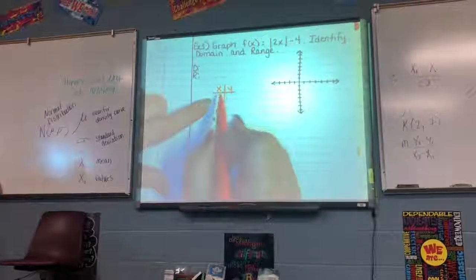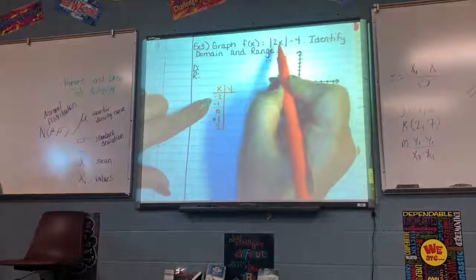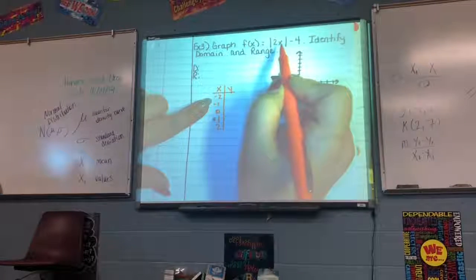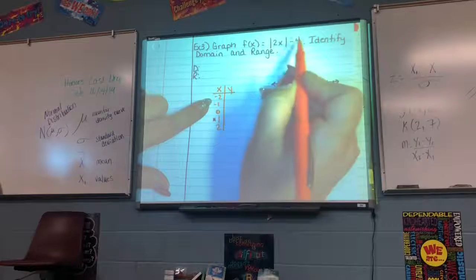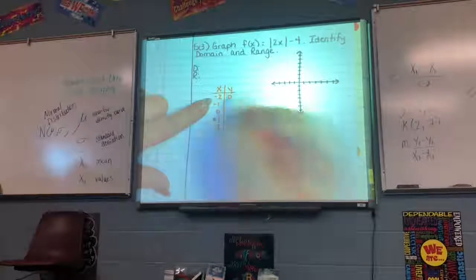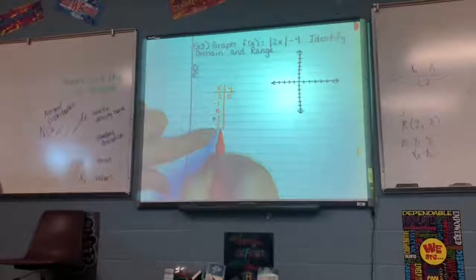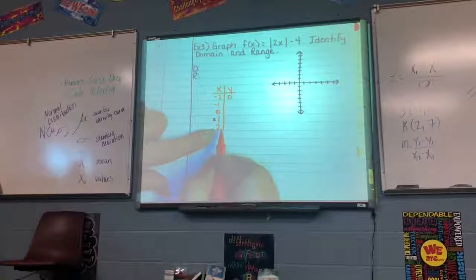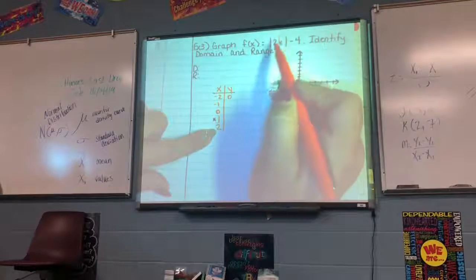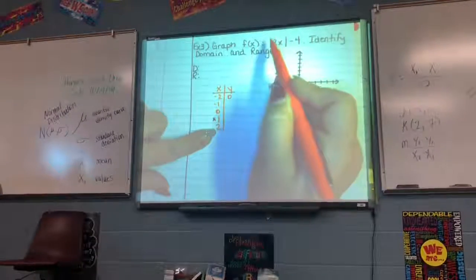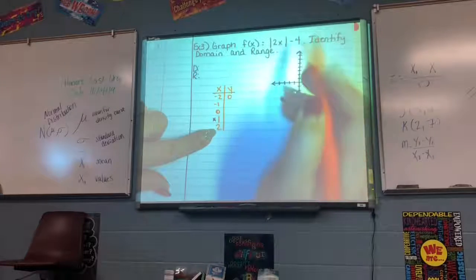So if I plug in -2, -2 times 2 is -4. The absolute value of that is 4, minus 4 is 0. Should 2 work the same way? If this pattern is where it's supposed to be, it will. Okay, if I'm not in the right spot, it might not. Is everybody with me? So just to check, 2 times 2 is 4. Absolute value is 4, minus 4 is 0.